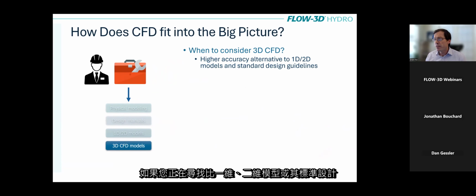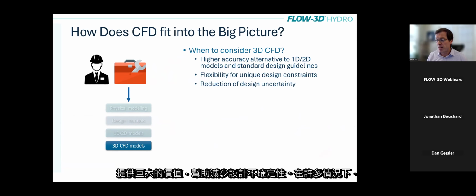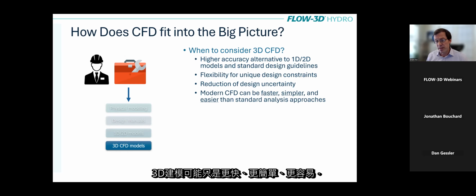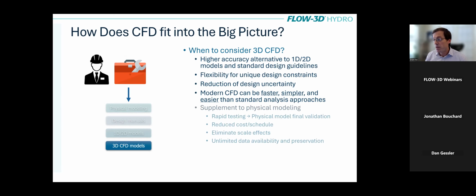If you're looking for a higher accuracy alternative to 1D, 2D models or standard design guidelines, obviously the flexibility of CFD to analyze any type of unique design constraint can provide a tremendous amount of value and help reduce design uncertainty. In a lot of cases, 3D modeling can just be faster, simpler, and easier than some of these other approaches where you're trying to adapt those in situations that they may not have been explicitly derived or intended for.